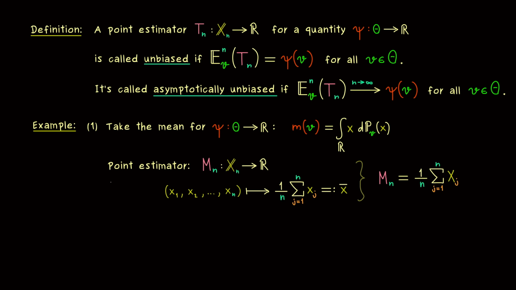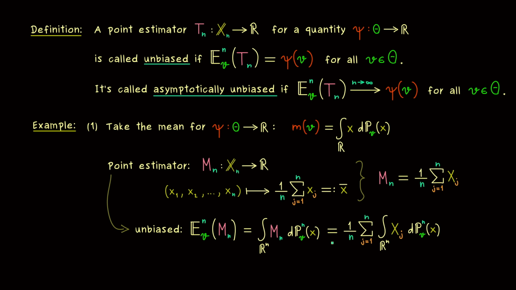So first I want to show you that this point estimator is unbiased with respect to our mean m of theta. This simply means that we have to calculate the expectation with respect to our product measure. Therefore now we have an n-dimensional integral. And exactly there we can use the linearity of the integral and the description of mn as a sum.